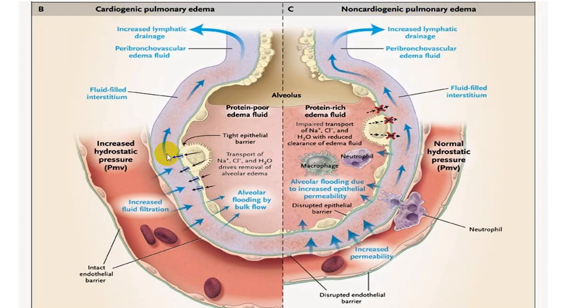In B, you can see there's an increased hydrostatic pressure, PMV, in the capillary, and the result is increased fluid filtration into the interstitium. That fluid moves to the peribronchovascular edema fluid and increases lymphatic drainage.